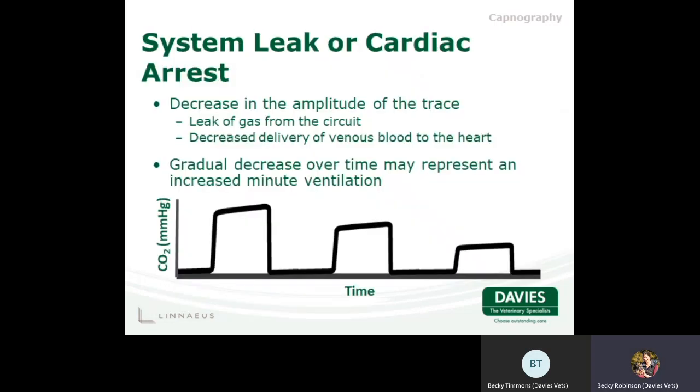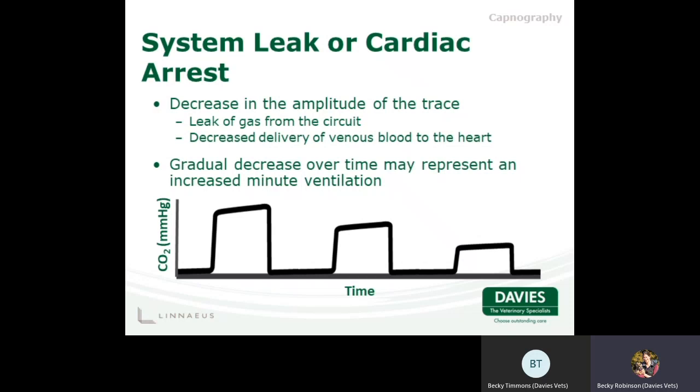Now, this is an example of a gradual decrease in the amplitude of the trace. This can represent a sliding scale of things from relatively minor to some quite severe scenarios. On the relatively minor side of things, a gradual decrease over time can represent an increased minute ventilation of the patient.